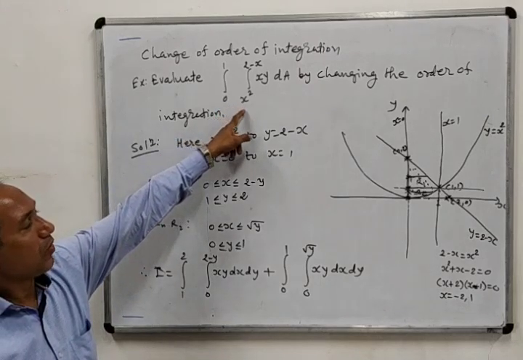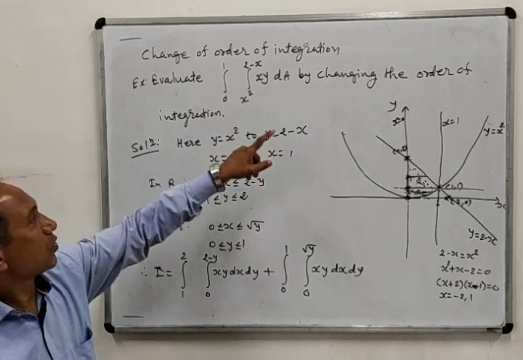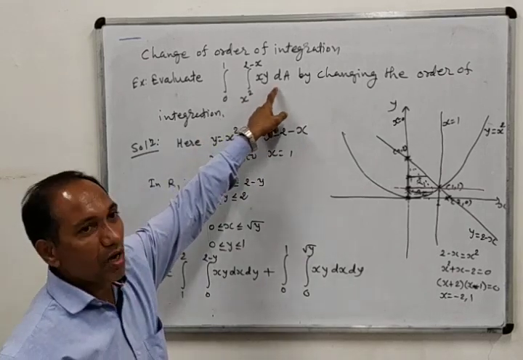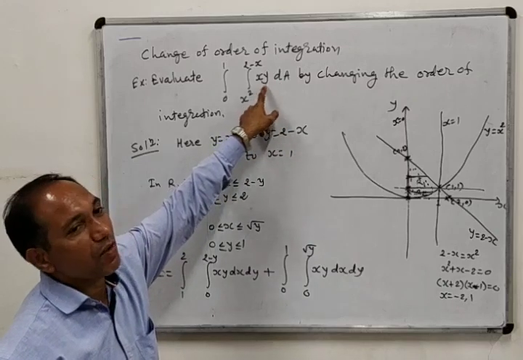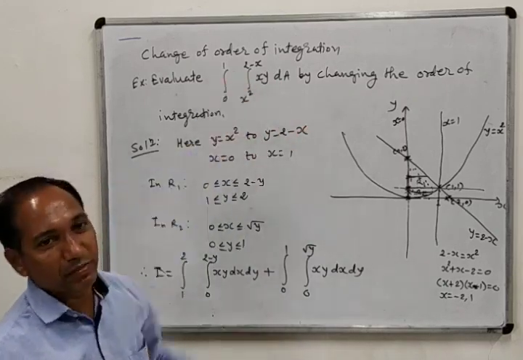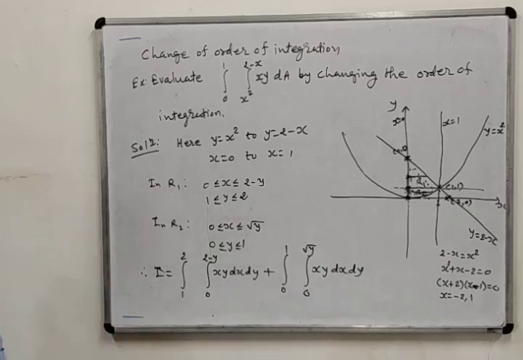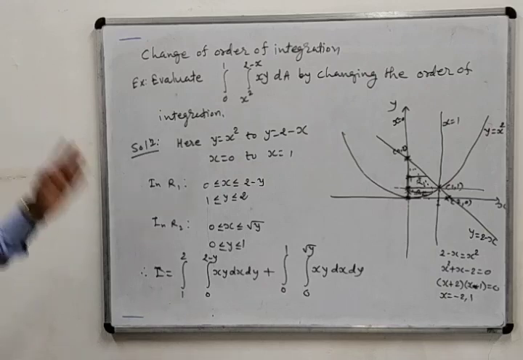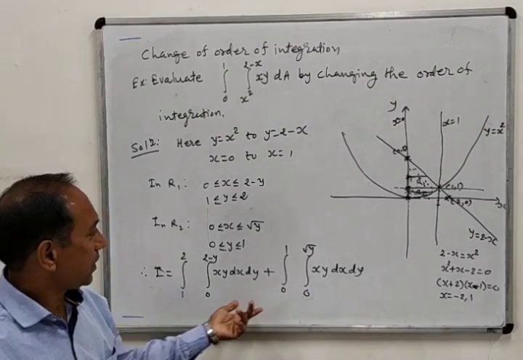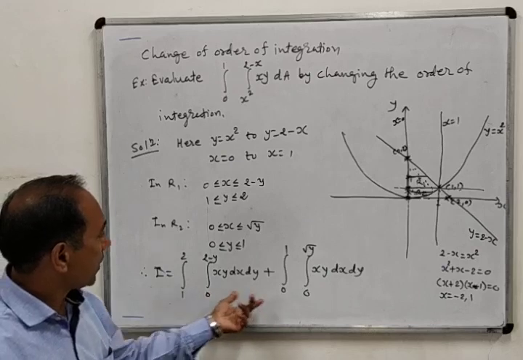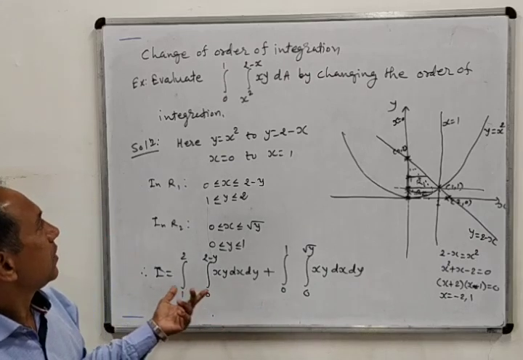So now look at the original problem. Here you can see that the original problem was easy to solve directly, that means by writing dy dx. Because your integration of y was y square by 2 and then the limits we can substitute, and in a single process we can do it. But here we will have to follow this in two different processes, that means two double integrals in two different regions.